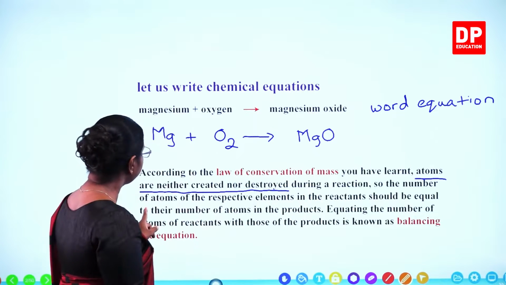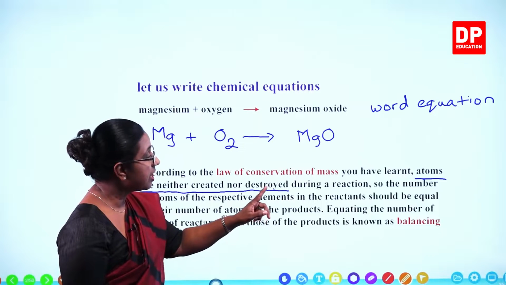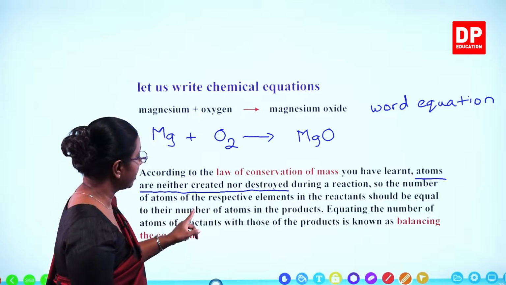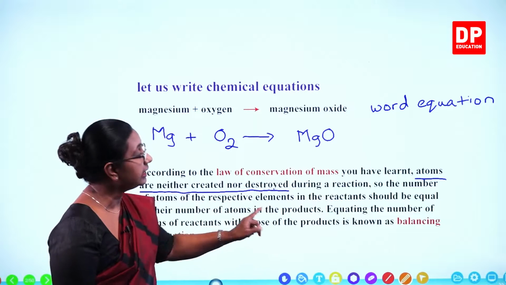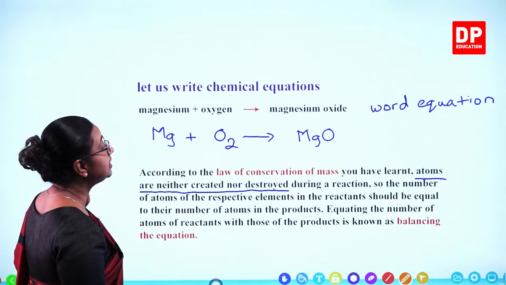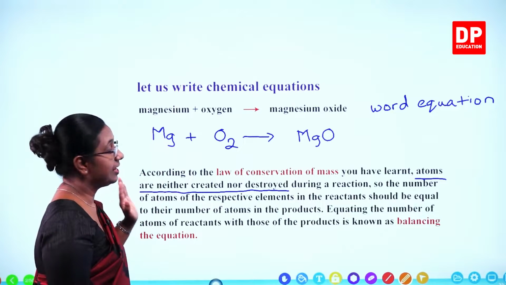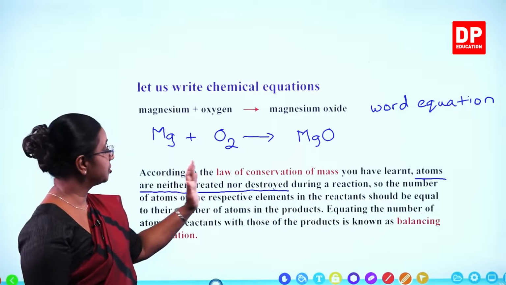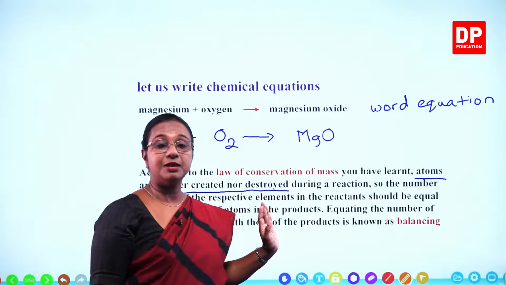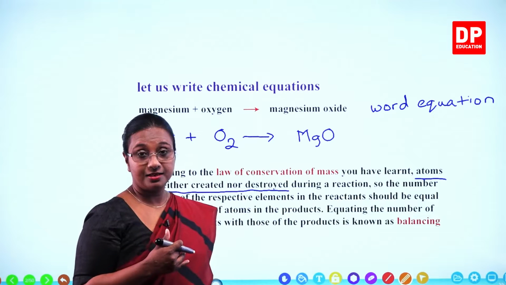So the number of atoms of the respective elements in the reactants should be equal to their number of atoms in the products. So the number of atoms present on the left side, that is the reactants, for each element should be equal to the number of atoms of each element present on the other side, the product side, right hand side.